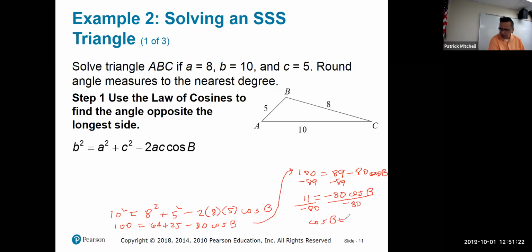Then we will use the calculator and the inverse cosine function to figure out what angle B is.